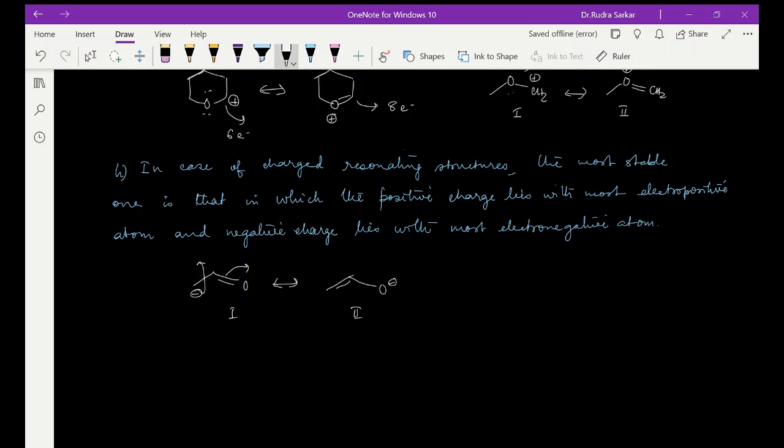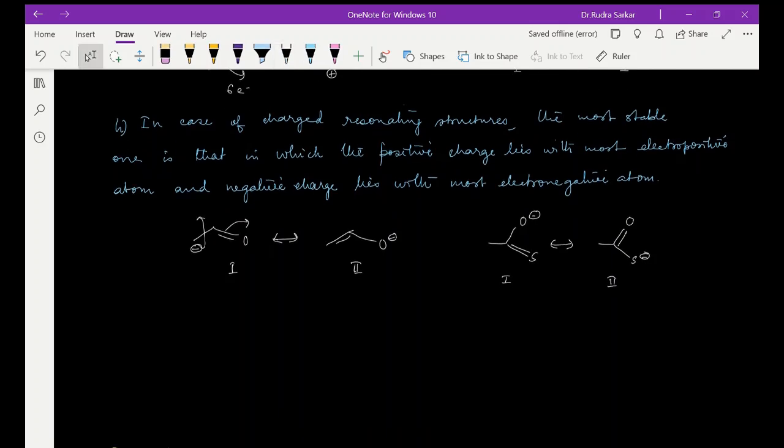Okay, again we can take another example in which oxygen being most electronegative, negative charge will reside with oxygen and it will be more stable than the one in which the negative charge is on the sulfur, which is the less electronegative atom.